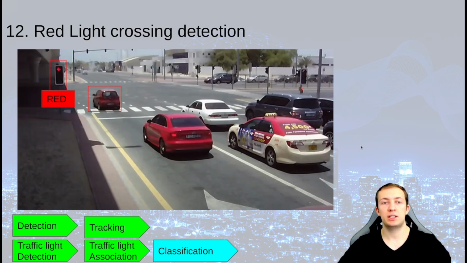Another application in the series of incident detection is red light crossing detection. Here we can always start by detection and tracking of different vehicles. If we want to understand that a vehicle crossed the red light, we would like to know where the traffic light is, and we also need some kind of association between a direction and this traffic light. For simple cases, we can hint the algorithm manually with some lines.